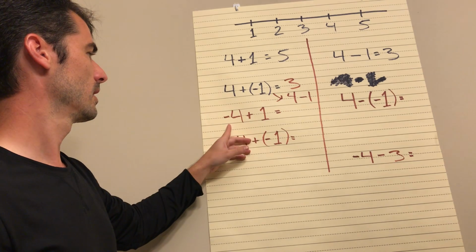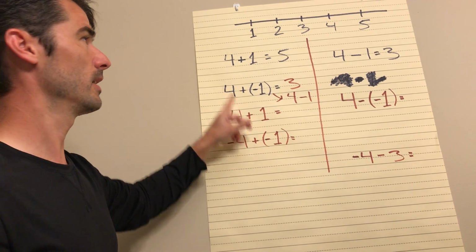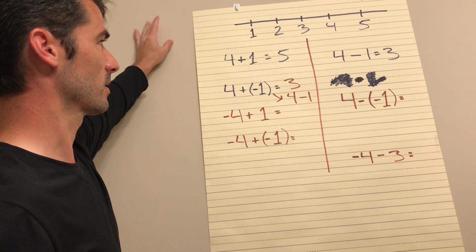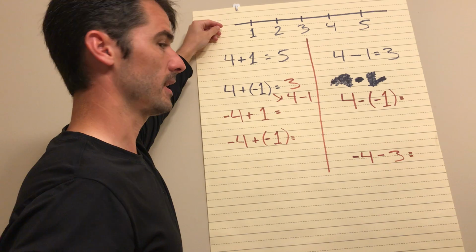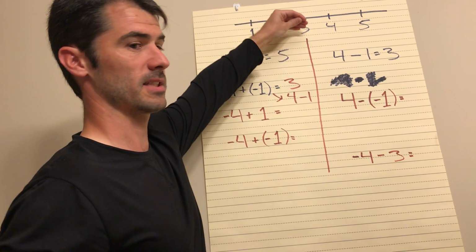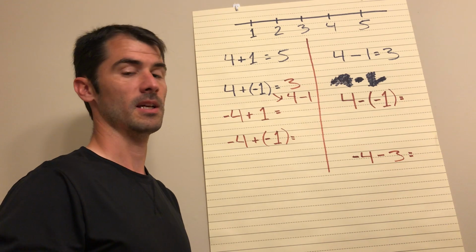All right, negative 4 plus 1. We're adding 1. Negative 4 would be over here somewhere. If we're adding 1, that should move us to the right, closer to this side. So one spot to the right of negative 4 would be negative 3.